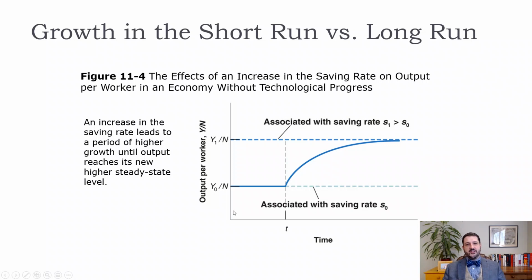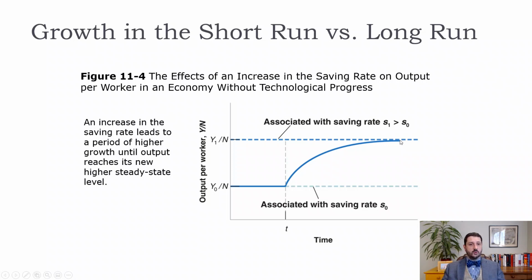So we can sort of think about how this will happen over time. So here we have time on the horizontal axis, and we have output per worker on the vertical axis. And once we increase the savings rate, which happens at time t here, then output will grow. It will be concave, depending on the production function, which is also concave.